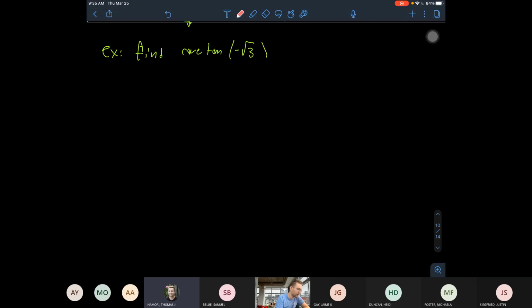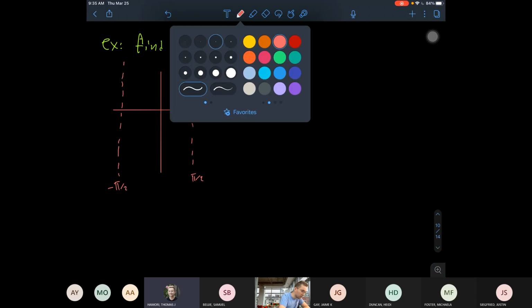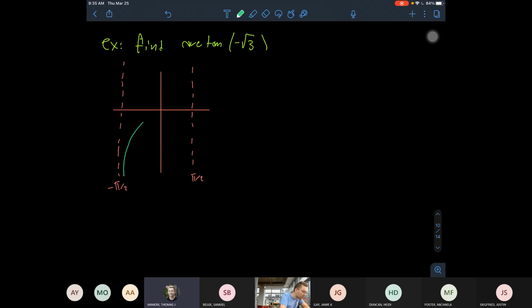Okay, so let's have an example. We'll do arc tangent of negative square root 3. I'm going to draw a couple graphs here. The first graph I'm going to draw is of the tangent function. What does it look like? Looks like this.